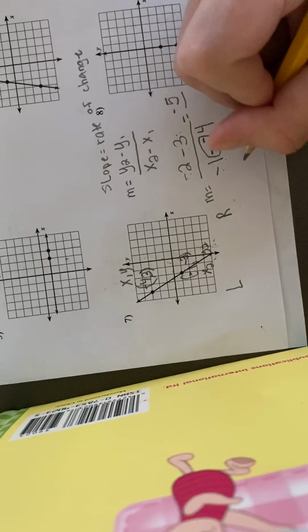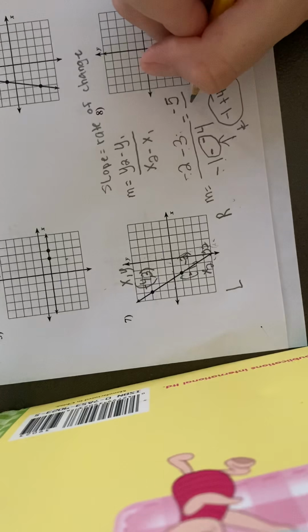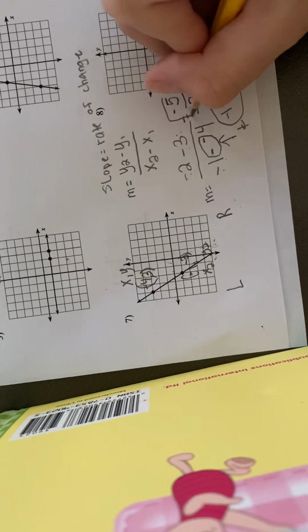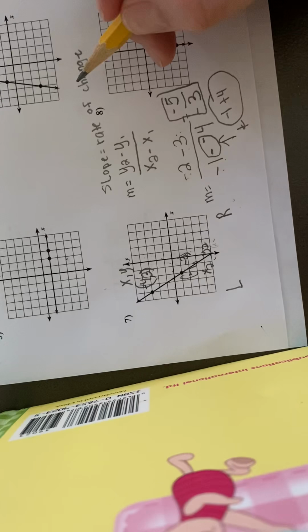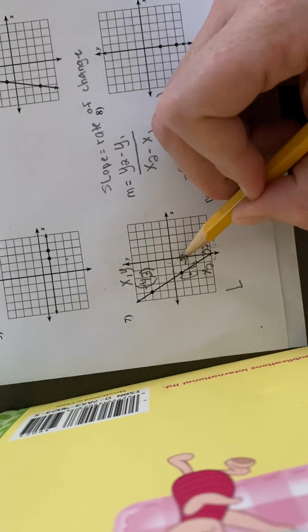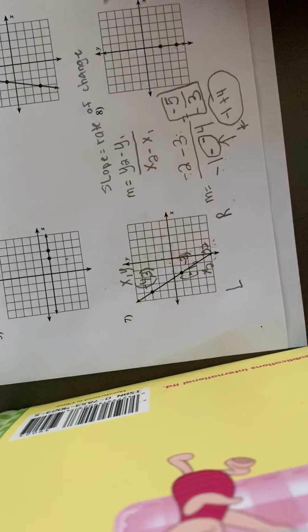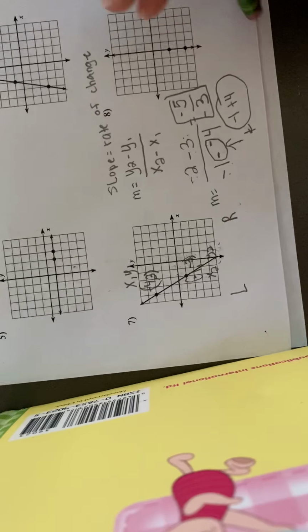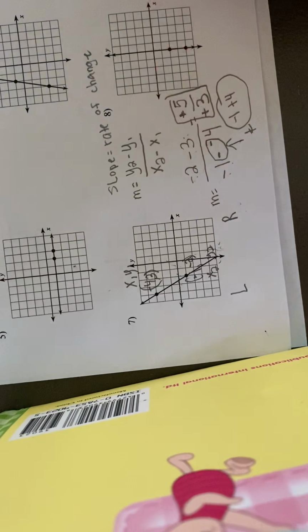And -1, so I'm going to rewrite that here. -1 plus 4 gives me a -3. This makes this positive. Let's make sure we did everything we needed to do. We went 1, 2. We went down 1. 1, 2, 3, 4. All looks good. Okay. And so we have this slope trend that this right here would become positive because they're both negative.